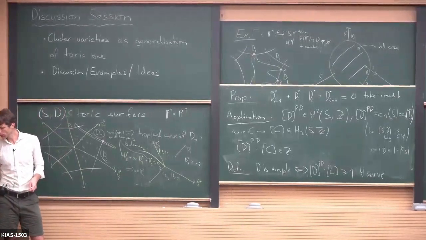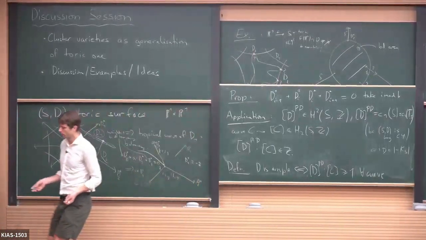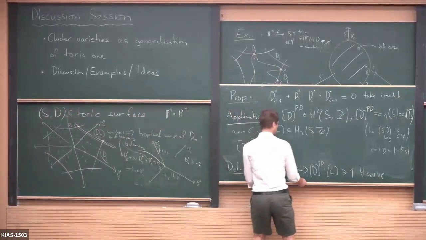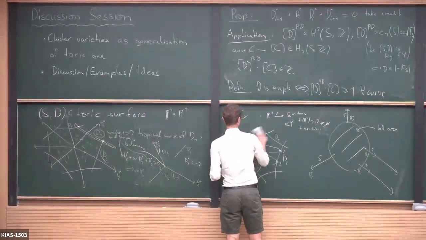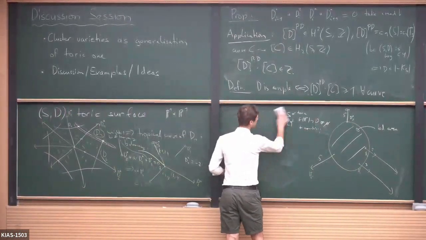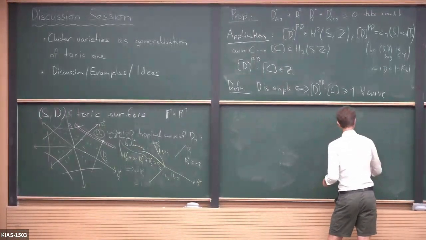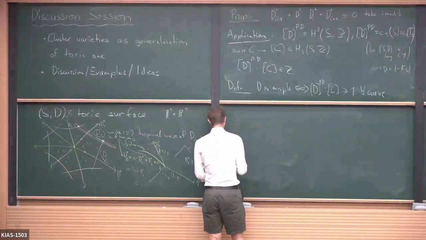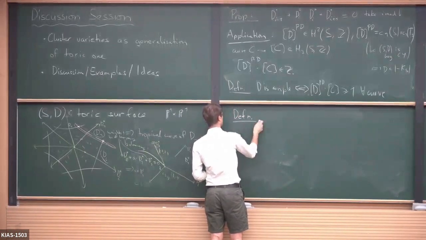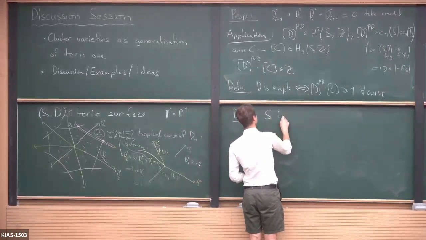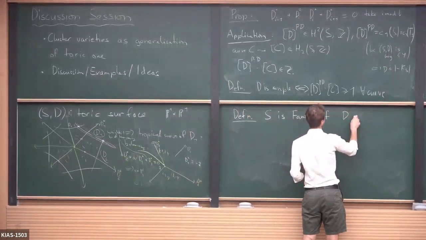And now, using what we have discussed, we can characterize what it means for surfaces to be Fano. A surface S is Fano if D is ample.